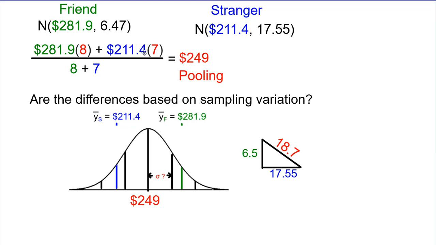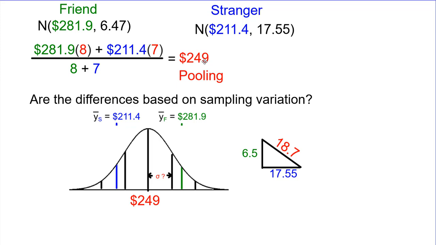Then the 7 people that offered this on average give us another total. It's kind of like undoing an average. Then we divide by the total number of people in our experiment, which was 15. This gives us a pooled mean of $249. Now, this is fine as long as we have the assumption to pool.